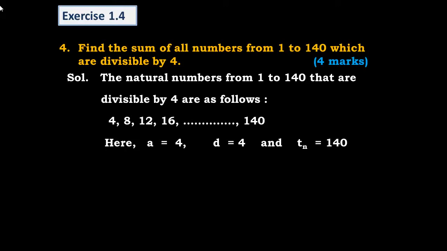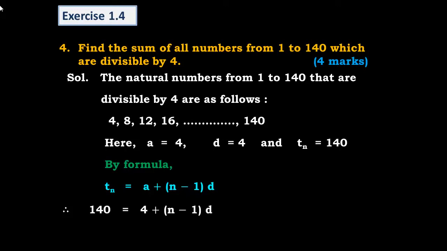Now you have to calculate Sn, and for that we first require the total number of numbers between 1 to 140 which are divisible by 4. So we can first use Tn is equal to a plus n minus 1 into d. By using this formula we will first get n. Substituting, Tn is equal to 140, a is 4, plus n minus 1 into d, which is 4. So we have 140 is equal to 4 plus 4n minus 4.